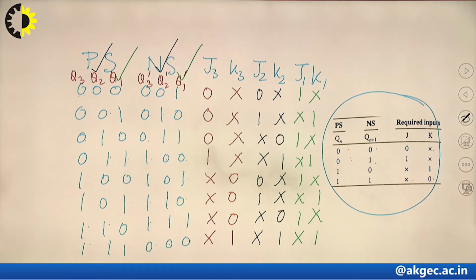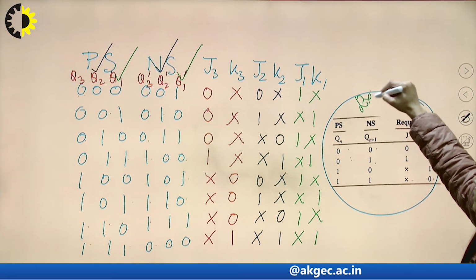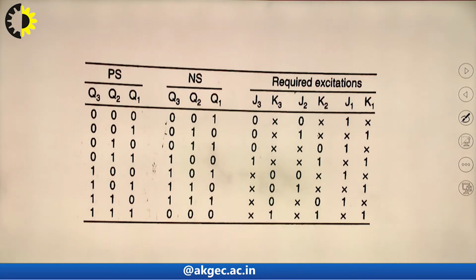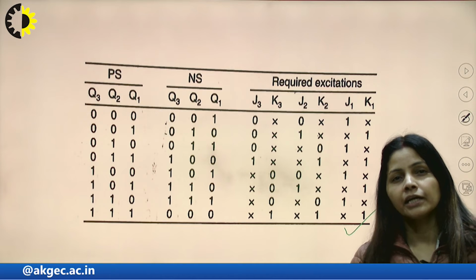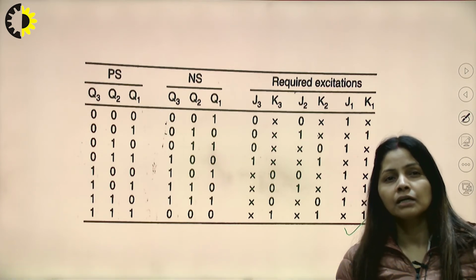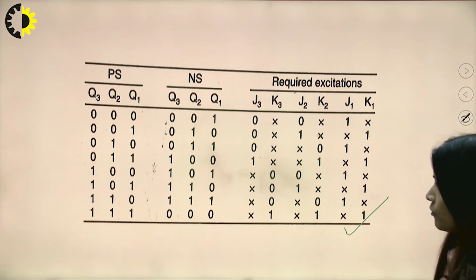So similarly, we can complete the table using the excitation table for the JK flip-flop. So here we have completed the truth table for the JK flip-flop used 3-bit synchronous up counter. Now my truth table is ready. What next step must we perform?